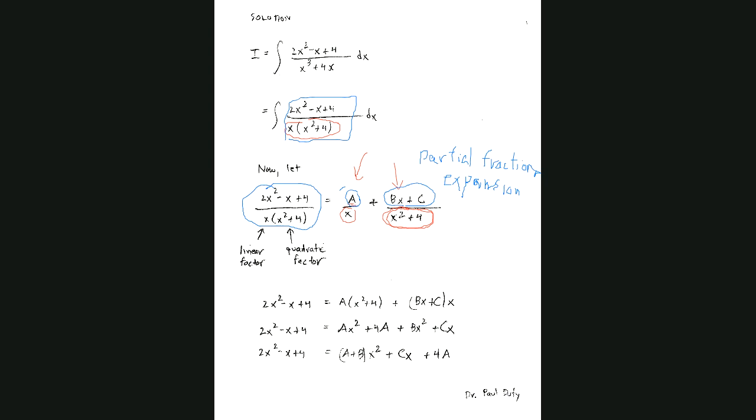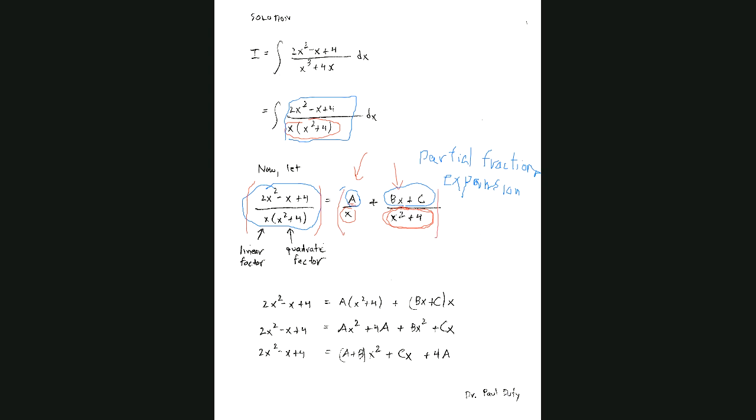Now I'm just showing you how this process works. What we're going to do is multiply both sides of this equation by the least common denominator.